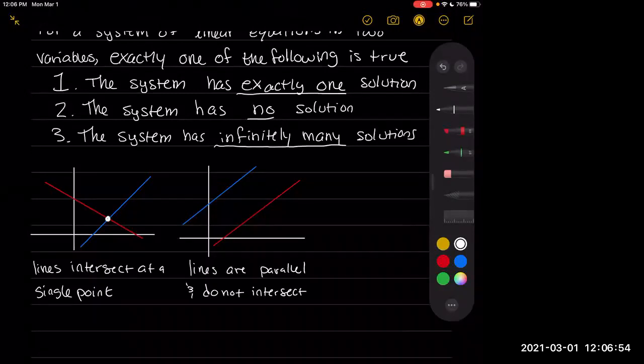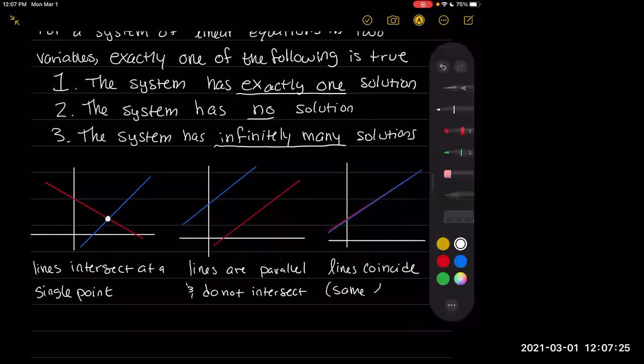Or we have a third option. And this is when the lines are the same, i.e. they're the same line.